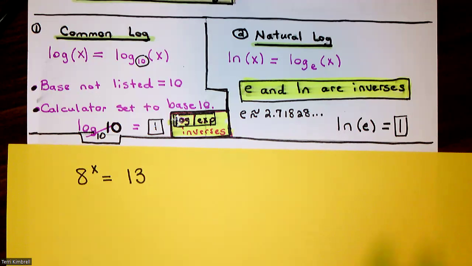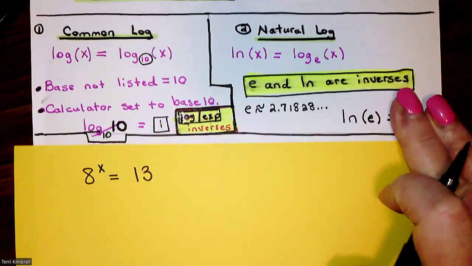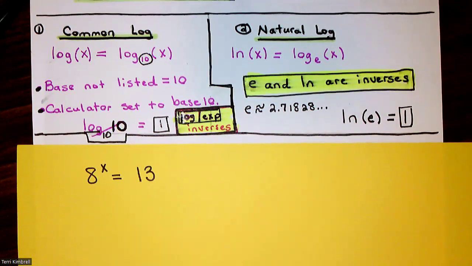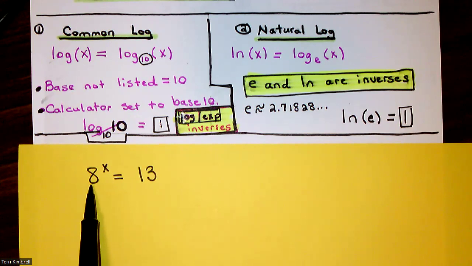If you'll just get maybe a sticky note, I'll show you how this inverse works in an equation. If you notice, we have 8 to the x power. I cannot write 13 with a base of 2, which is a factor of 8. I cannot write 13 with a base of 4. And I'm unable to write 13 with a base of 8.